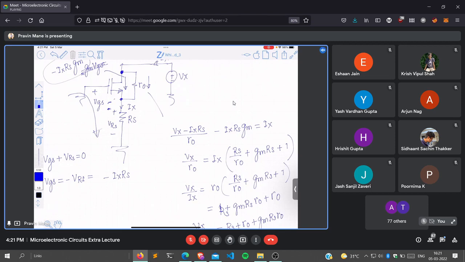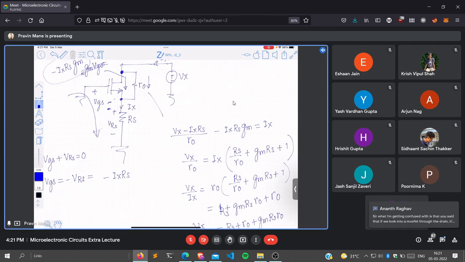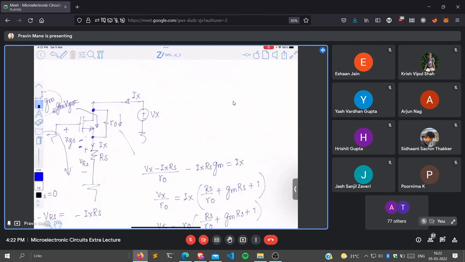Is it possible? No, sir, because the currents are not the same. They are not in series. Somebody is now saying that if I look from the drain terminal, the resistance, I said RO, but that is when RS is absent.